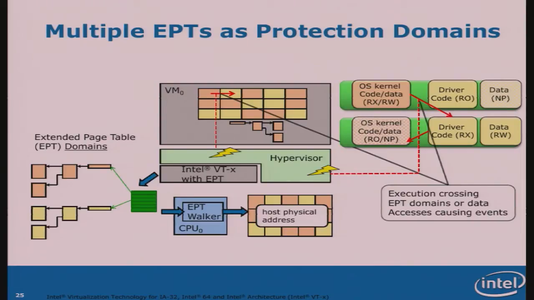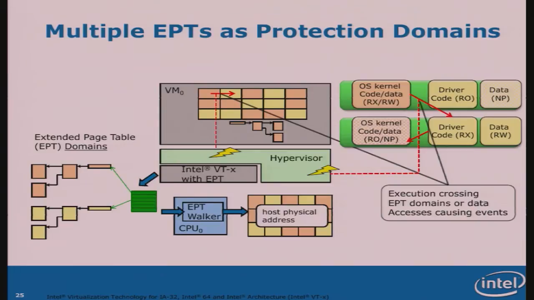The notion of using multiple EPTs is architecturally defining multiple EPT hierarchies that at a very basic level are exactly the same in terms of the memory mapping that they do, but differ in terms of permissions. What that gives you is a very simple construct by which you can associate specific code with specific data with the right set of permissions.